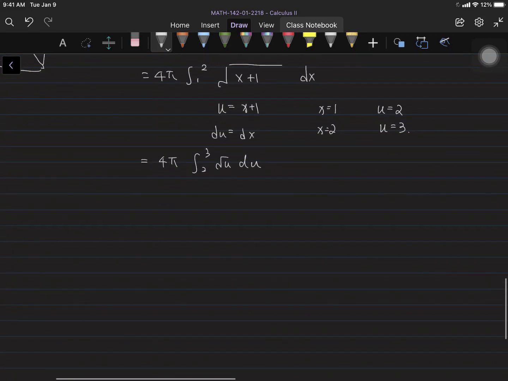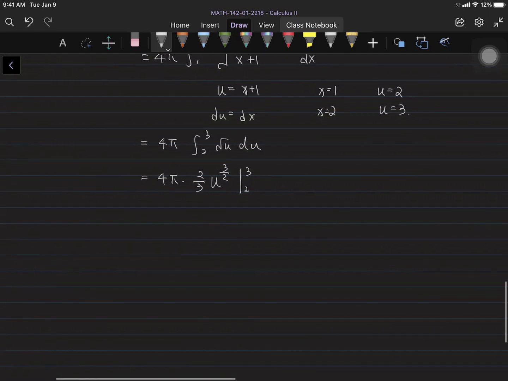Now we just evaluate this. Which is 4 pi times u to the 3/2 with 2/3 in front, u from 2 to 3. Let's simplify: here 8 pi over 3, and we just plug in the upper bound and the lower bound. We don't need to simplify: 3 to the 3/2 minus 2 to the 3/2. So that's not the arc length, this is the surface area of this revolution.